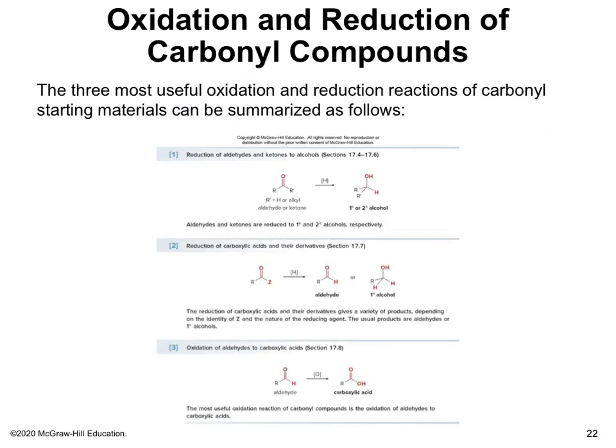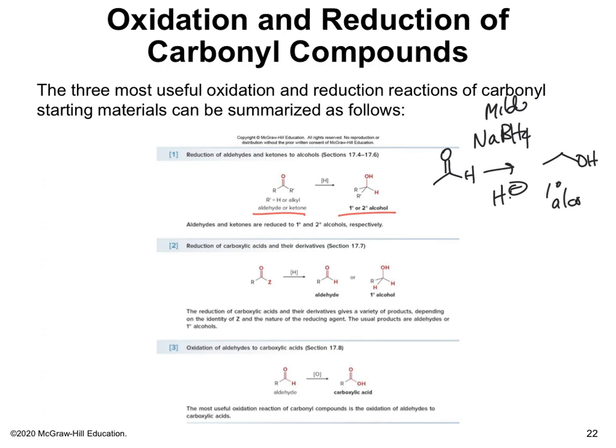Okay, so that was just a little side note. Oxidation and reduction of carbonyl compounds. So if this is an aldehyde or ketone, you're going to reduce it. If you use sodium borohydride, which is a mild reducing agent that delivers the hydride, we've done that mechanism. That is going to make a primary alcohol.